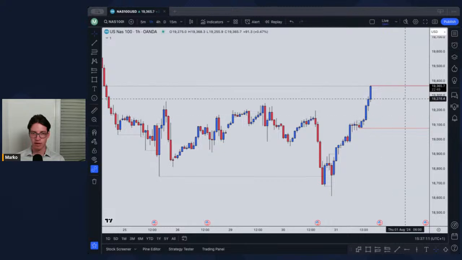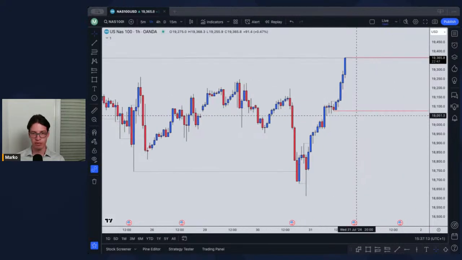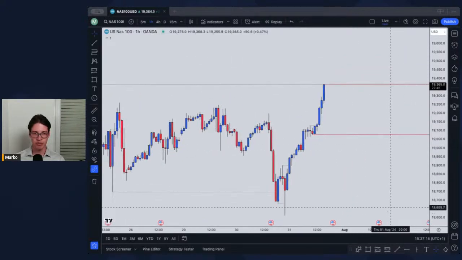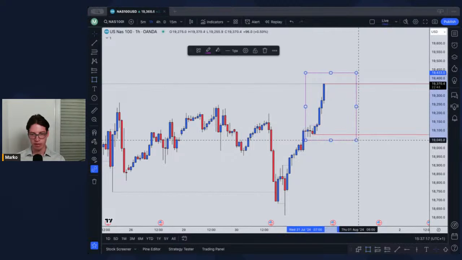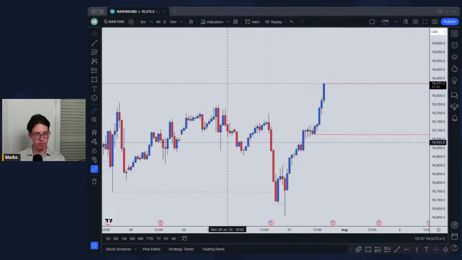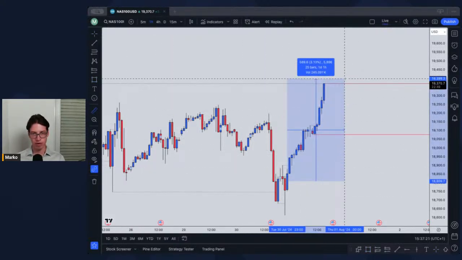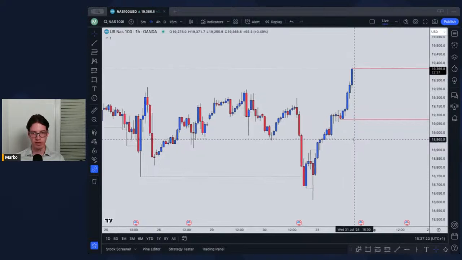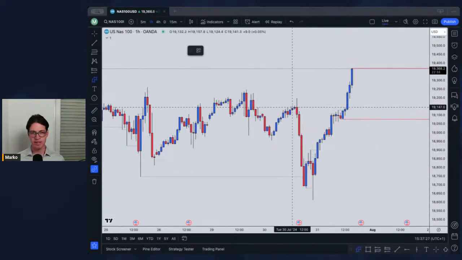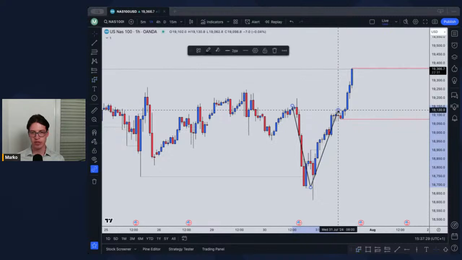NASDAQ. Oh, it looks good. Looks good on the 1 hour. We're seeing some major buying pressure. Is it 3% though? Okay, it is. It is 3%. So the 1 hour looks pretty bullish. Price action has a bit of a V reversal right here, which is a bullish sign. This is a sign that the markets are going to continue trending up.